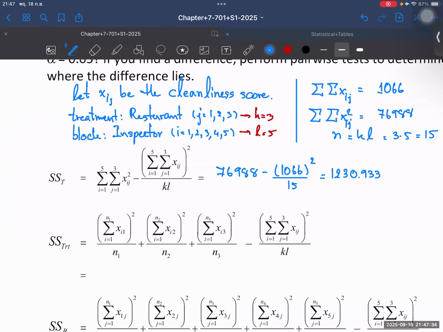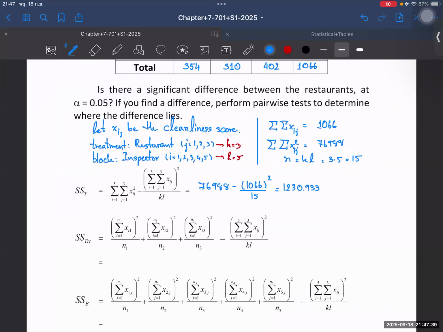And the sum of squares of the treatment. So we will use the sum of each column.